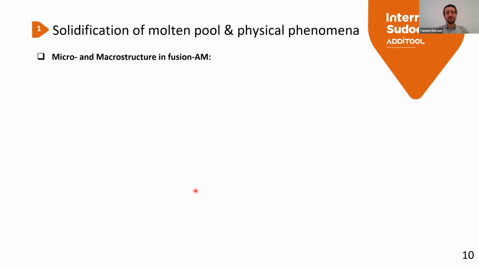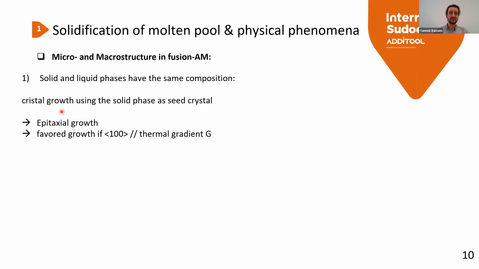To understand also micro and macro structure in fusion additive manufacturing, we have to notice that solid and liquid phase normally have the same mean composition, and the crystal growth uses the solid phase as a seed crystal.